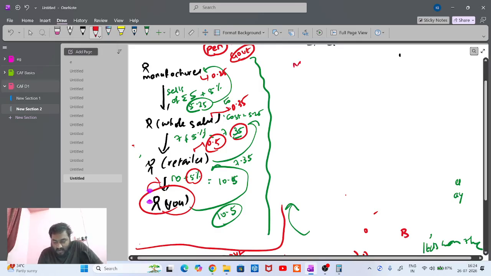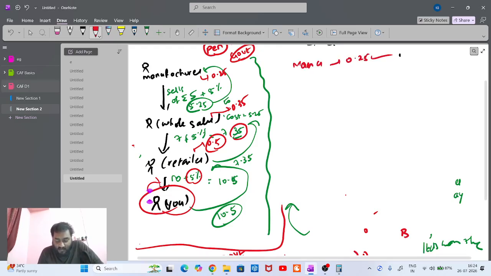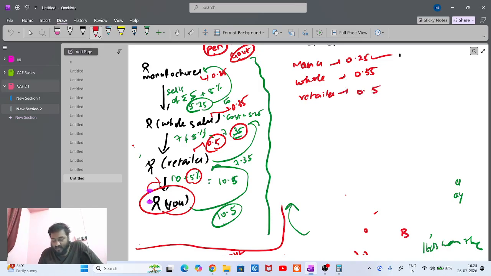The manufacturer pays 0.25, that's well and good. The wholesaler pays 0.35, okay. And then the retailer pays 0.5, okay. So there might be some logic missing, because let me put it this way.